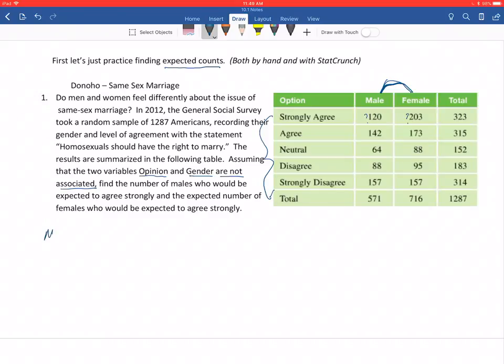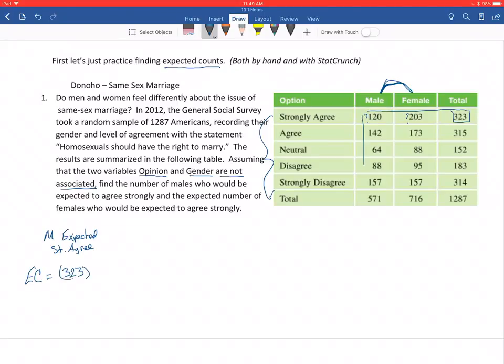So if we want to do the male expected to strongly agree, we want to take the row total. So the total for the row that we're in is, so EC for expected count, that row total is 323.